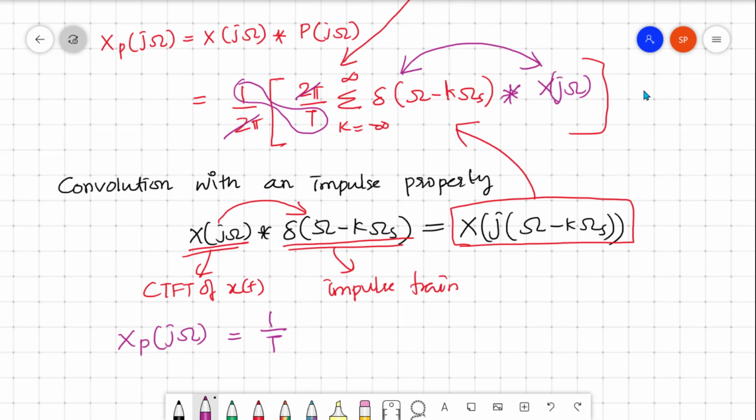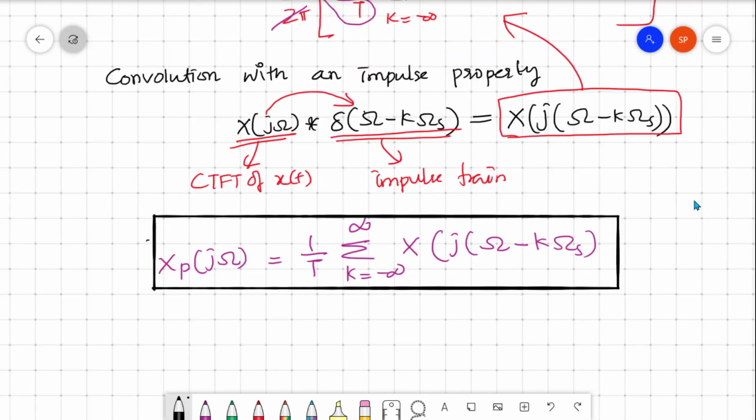We have just now understood that. Now that is equal to 1 by T into summation k varies from minus infinity to plus infinity X of j into omega minus k omega s.